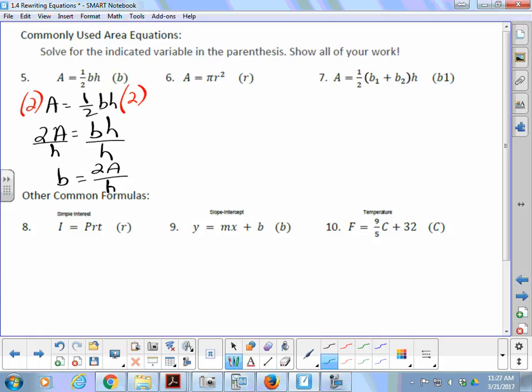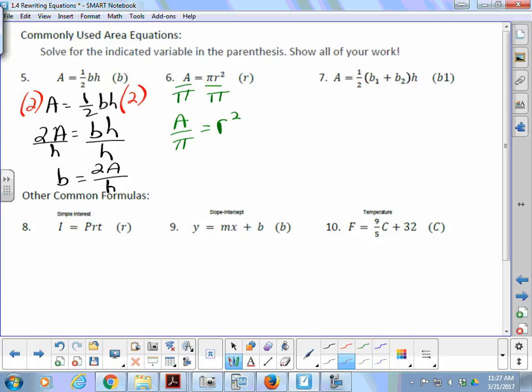All right. Number 6, A equals pi r squared. So this is the area of a circle. For solving for r, we need to get rid of pi first. Okay. So we get r squared equals A over pi. And remember, if we're trying to get rid of something that's squared, we're going to take the square root of that.